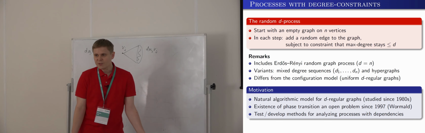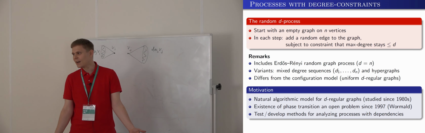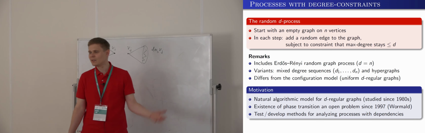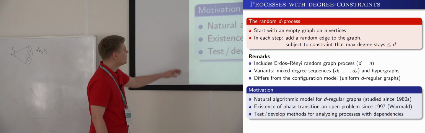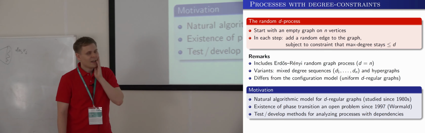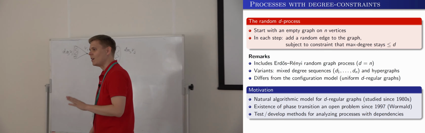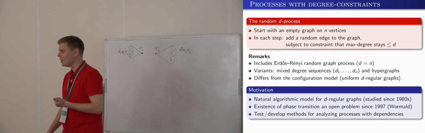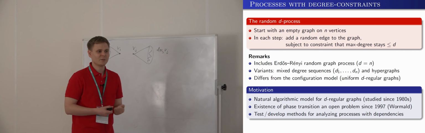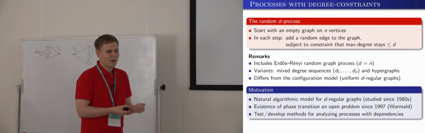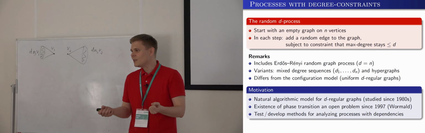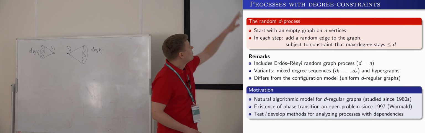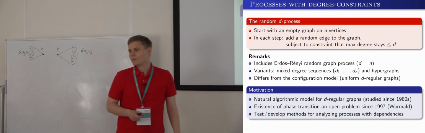Now that you've seen the model, I think it's a good time to step back and ask for motivation. Why do we care, besides that maybe it's a nice mathematical model? The first thing I want to highlight is that, at least for me, this is an extremely natural model to generate d-regular graphs. I'm pretty sure that if you give it as an exercise to undergraduate students, to generate a random d-regular graph, this is one of the first things they would try to come up with.